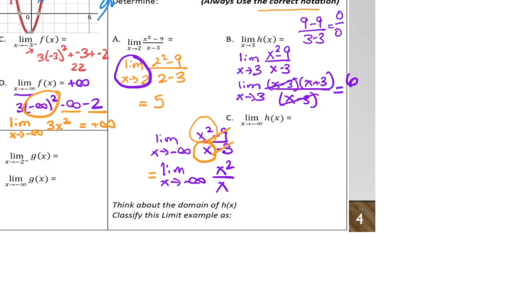Now, this is not algebraically legal without the limit notation, and that's what makes the limit notation incredibly powerful. So now x squared over x can reduce to x. When you substitute negative infinity, you get negative infinity as your answer. I also told you that, remember, we were going to think about this problem in terms of graphs. When you have h of x, it's the line x plus 3, which is heading upward.